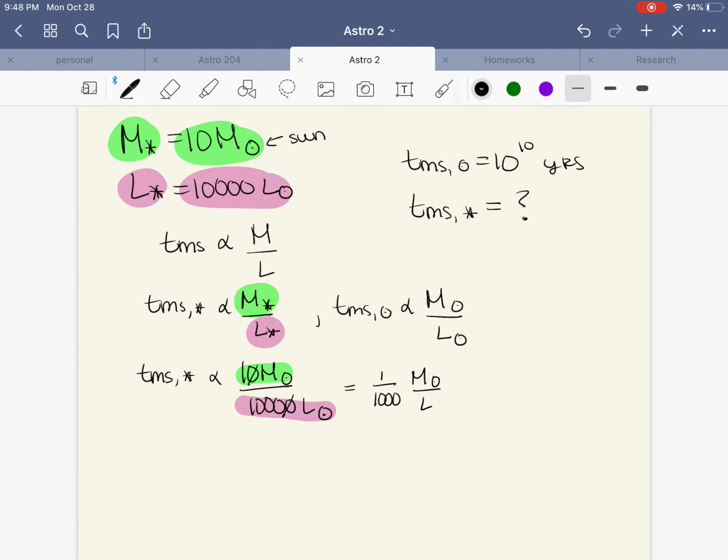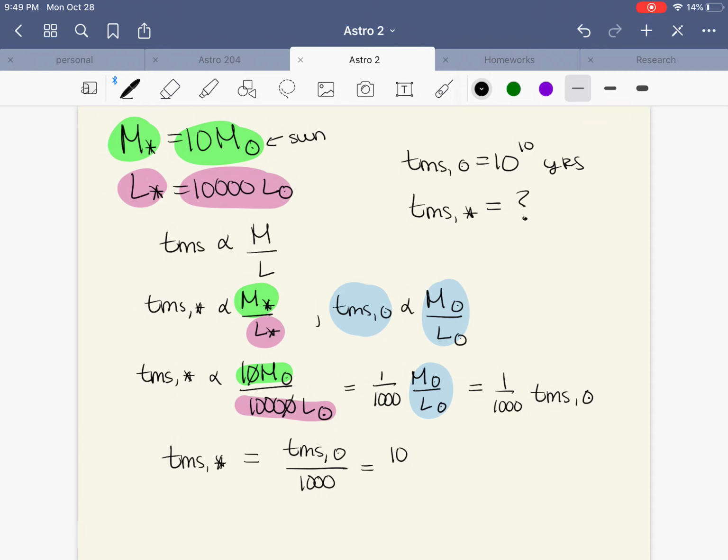Mass of the sun over luminosity of the sun. And then this here is the time on the main sequence for the sun. So I've got the time on the main sequence for this star is equal to the time on the main sequence for the sun. Instead of multiplying by 1 over 1,000, I'm going to just divide by 1,000.